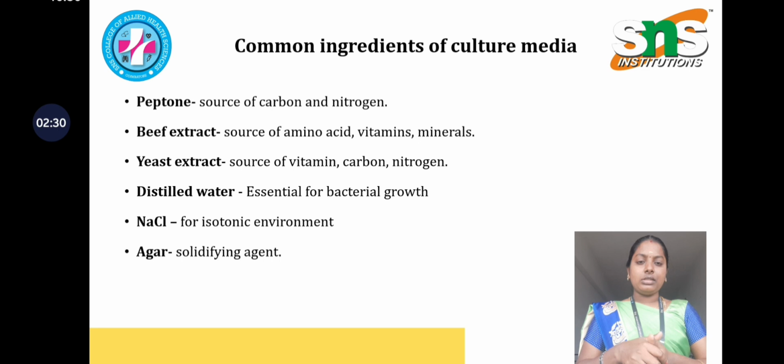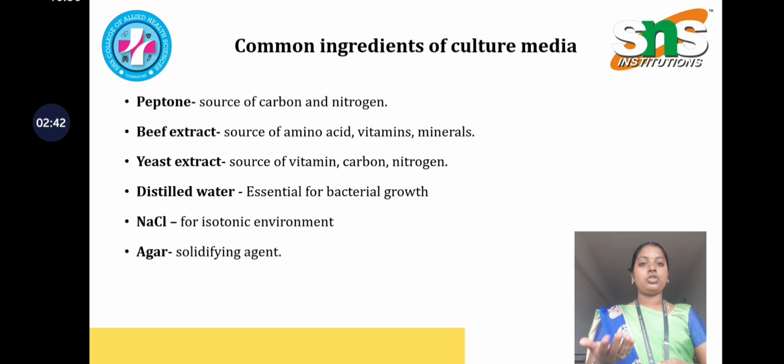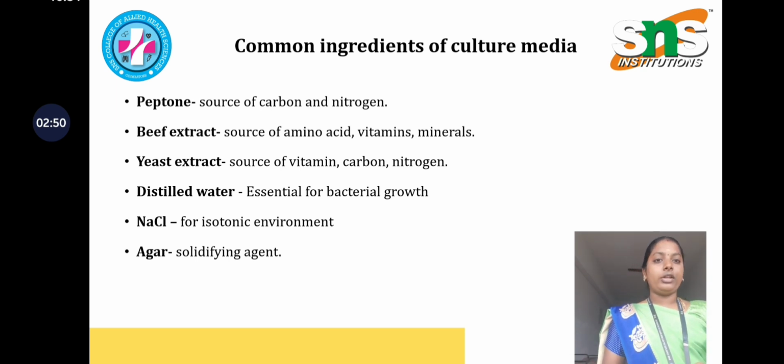And agar is the main solidifying agent in the case of solid or semi-solid agar. We add agar in the respective percentage, like 0.5 percent or 1.1 percent. Based on the percentage, the solidifying strength of agar will differ from one media to another.